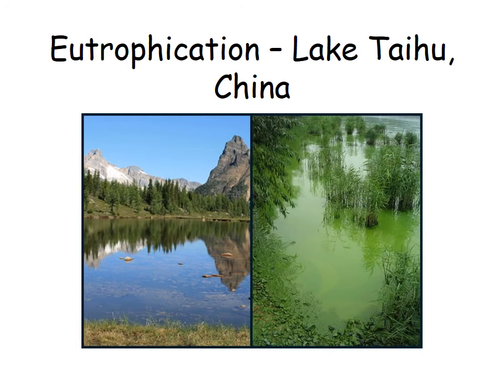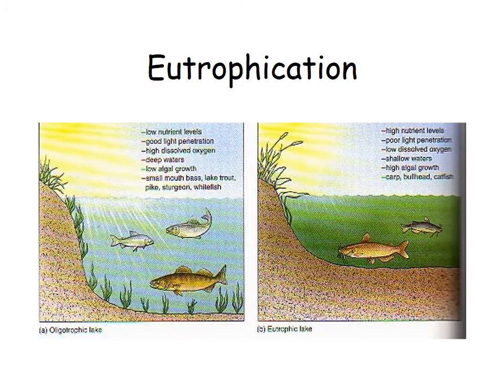So let's take another picture of this. On the left here, you can see the differentiation between the two. At the beginning, on the left, low nutrient levels, good light penetration, high dissolved oxygen, deep water, low algae growth, small bass, lake trout, pike, sturgeon, and whitefish all thrive because they're able to get the foods that they need.